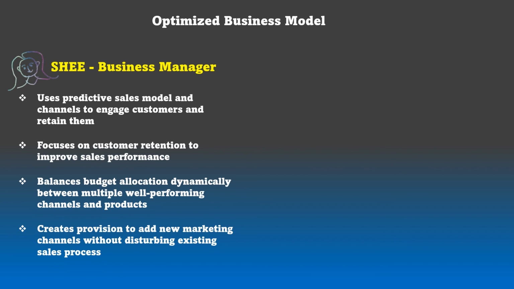She creates provision to add new marketing channels without disturbing the existing sales process. For this, she needs to know how to dynamically free up certain channels to make way for the new ones. She is confident that the business analyst will be able to provide tools for automatically configuring such decisions.